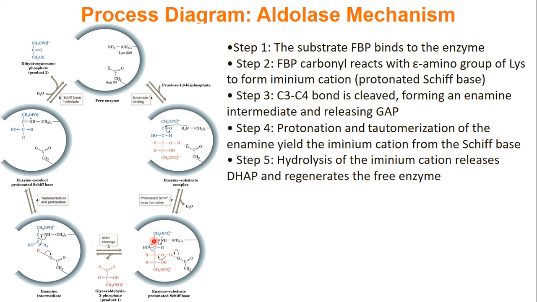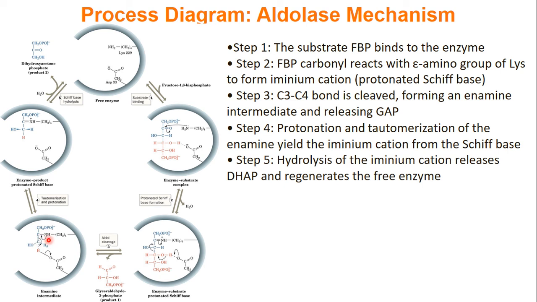So you will form your intermediate, your enamine intermediate that we talked about on the previous slide at step 3 here. So during step 3, you have your bond breaking of your fructose and you get one of your products, glyceraldehyde 3-phosphate. And now you have your intermediate that is still linked to our enzyme.